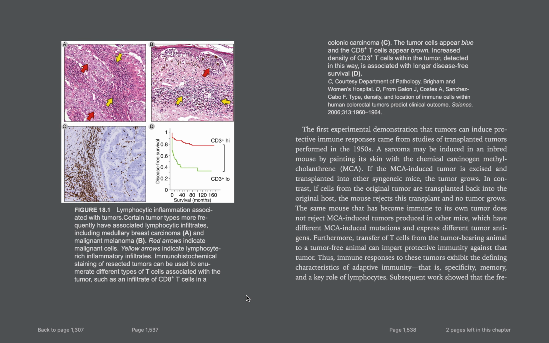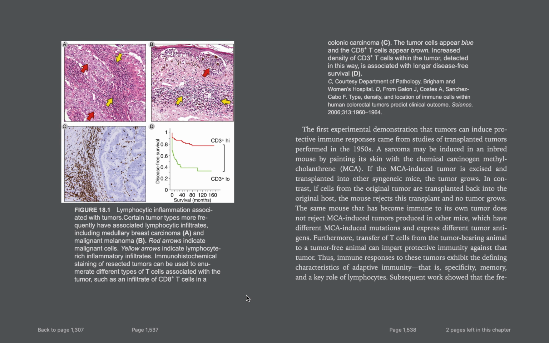In contrast, if cells from the original tumor are transplanted back into the original host, the mouse rejects this transplant and no tumor grows. The same mouse that has become immune to its own tumor does not reject MCA-induced tumors produced in other mice, which have different MCA-induced mutations and express different tumor antigens.